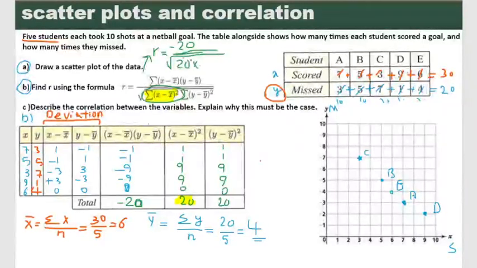times the sum of this deviation for me, which is here, and when I find the sum of it, again 20.